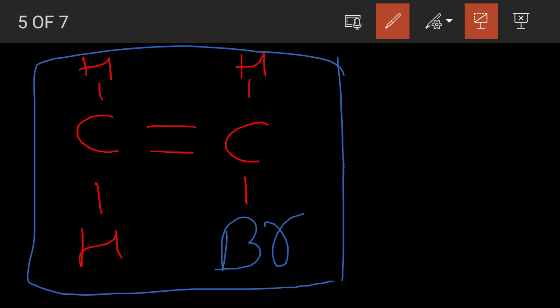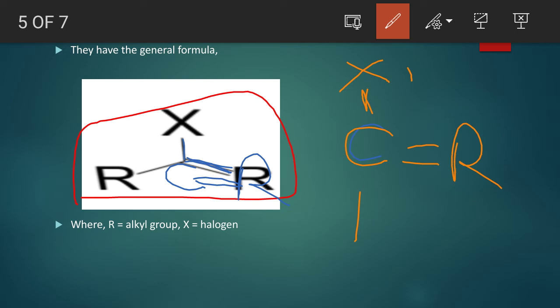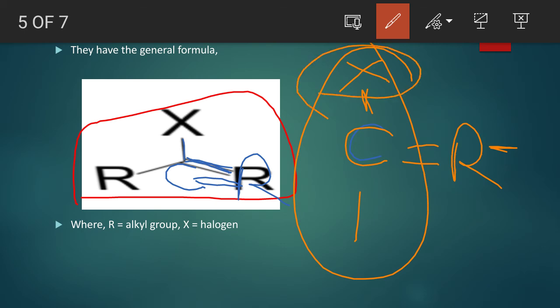And the general formula of the alkenyl halide is RCX=R. It means the carbon atom having a double bond, if it is attached to any halogen atom, then this group is called the alkenyl halide group. Here R is an alkyl group and X is the halogen atom.